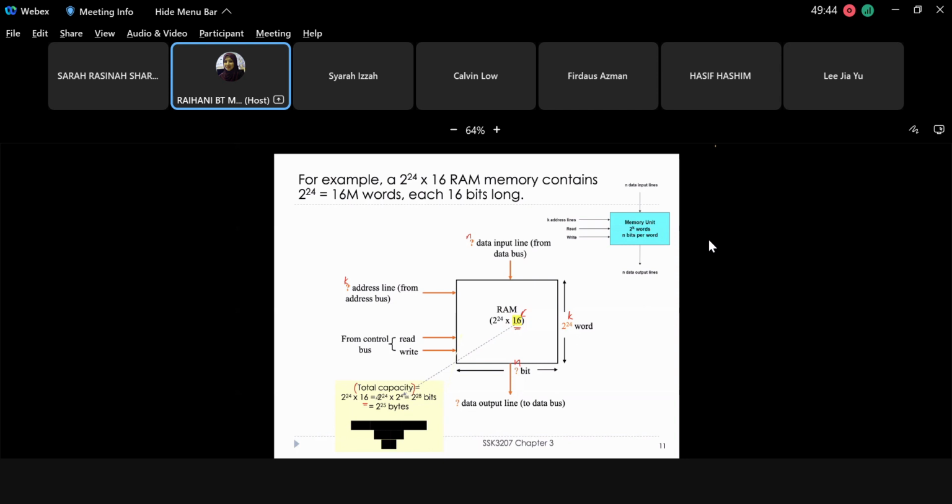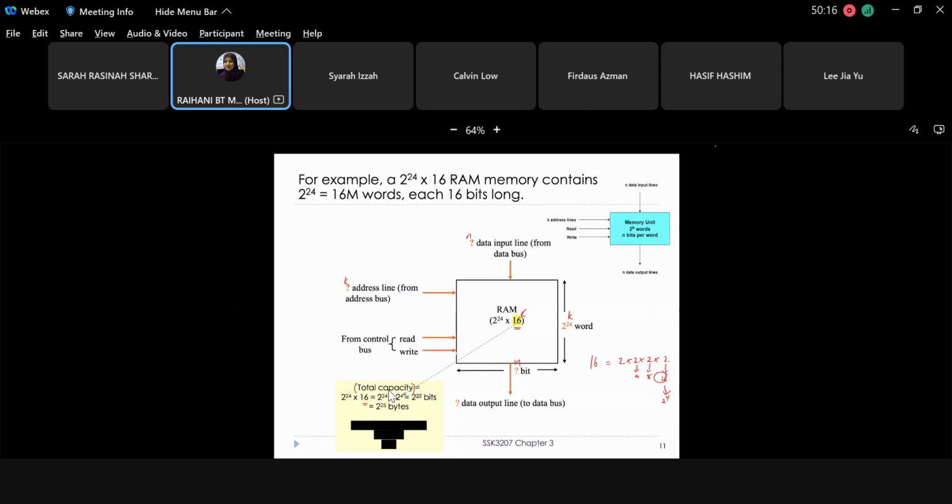How do you get 16? It comes from 2 times 2 times 2 times 2: 2 times 2 is 4, 4 times 2 is 8, 8 times 2 is 16. So this is how you get 2 to the power of 4.